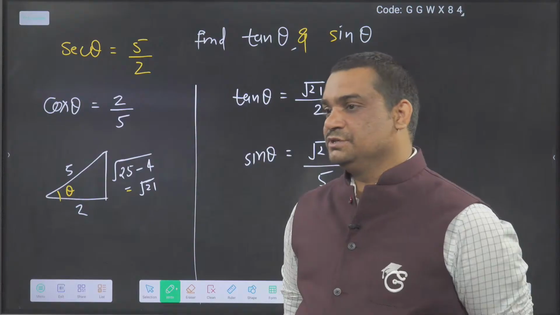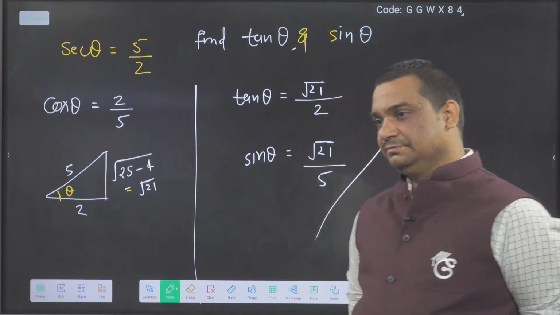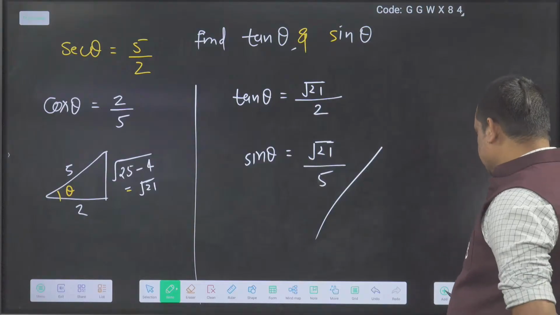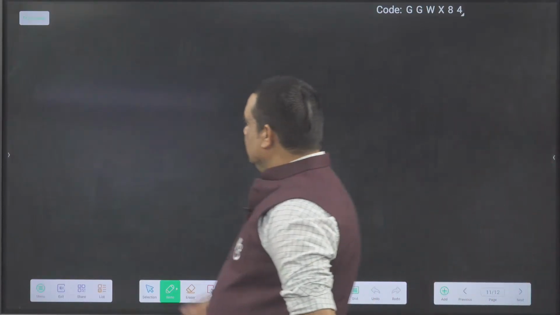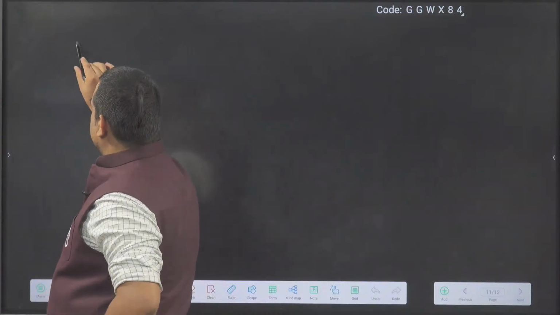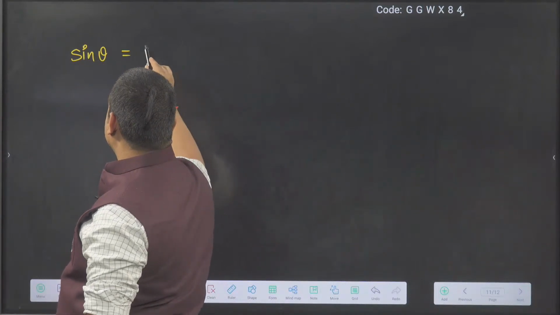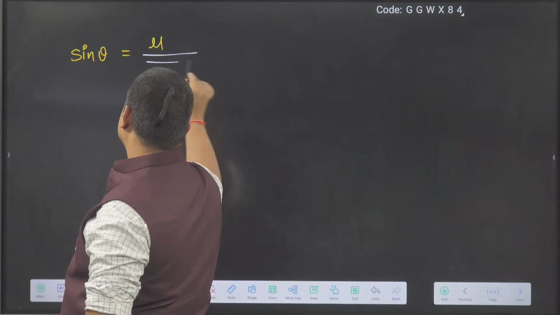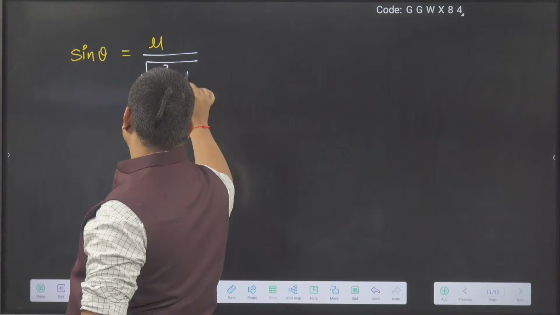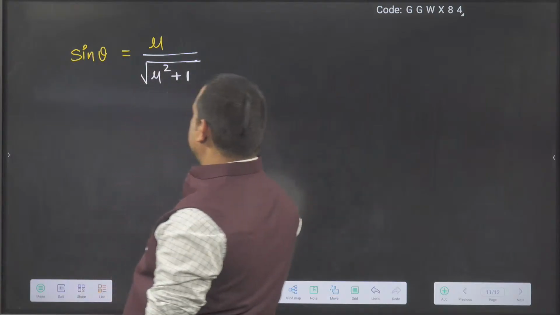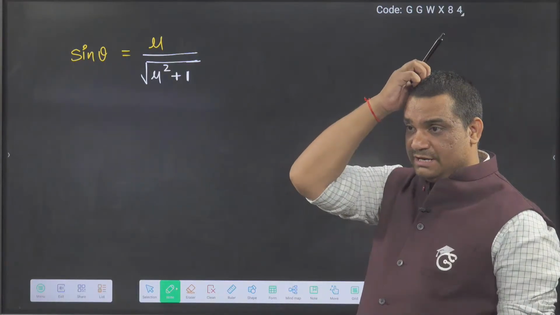Okay, one last question on this. Somewhere we'll get something like this: sine theta equal to mu divided by root of mu square plus 1.